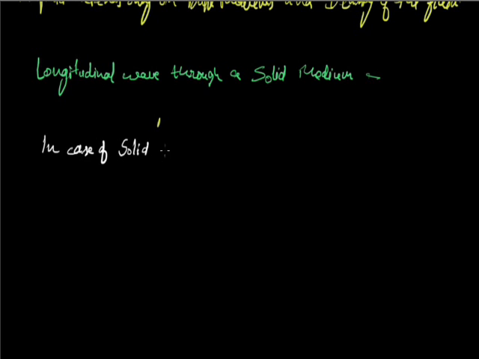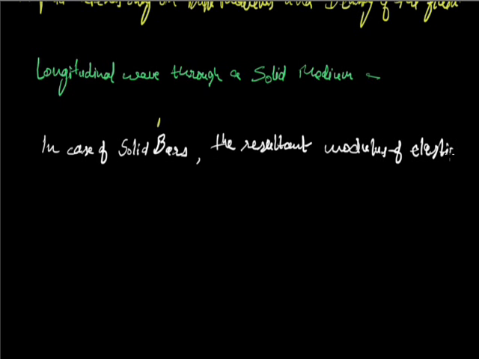In case of solid bars, the resultant modulus of elasticity is given by Young modulus. It is so because the linear expansion of the bar is prominent here comparatively to its volume expansion. So here the Young modulus is concerned with the linear expansion of the solid bar.